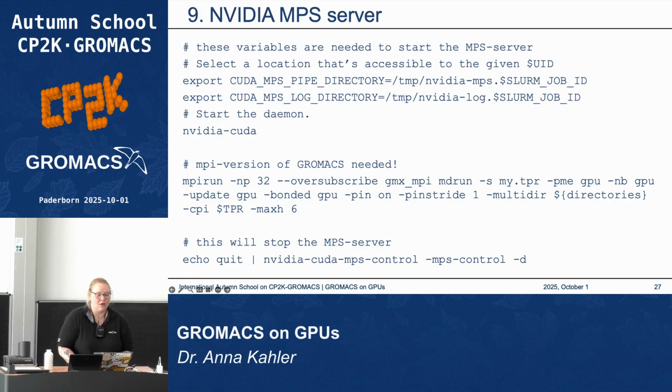It's something we have used successfully for small systems or for replica exchange MD simulations with GROMACS. Also, if you run, I don't know, 100 instances of your simulation because you want to sample properly, you can run them all in parallel, use the MPS server, and it's going to go faster.